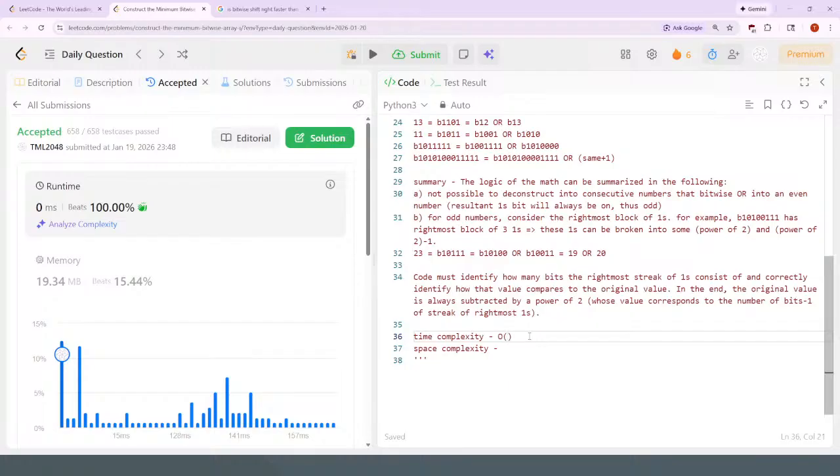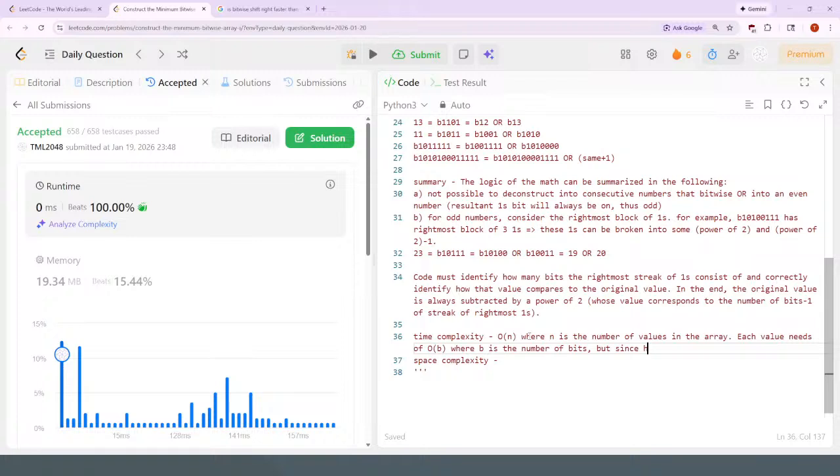Complexity is O of n, where n is the number of values in the array. Each value means O of b, where b is the number of bits.